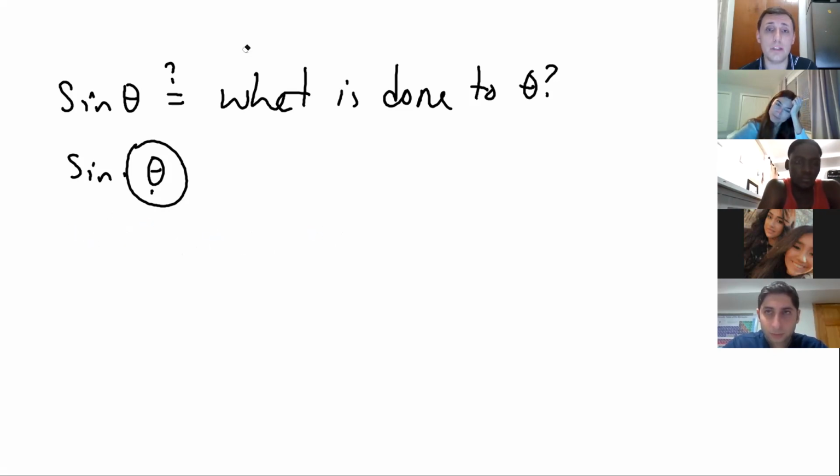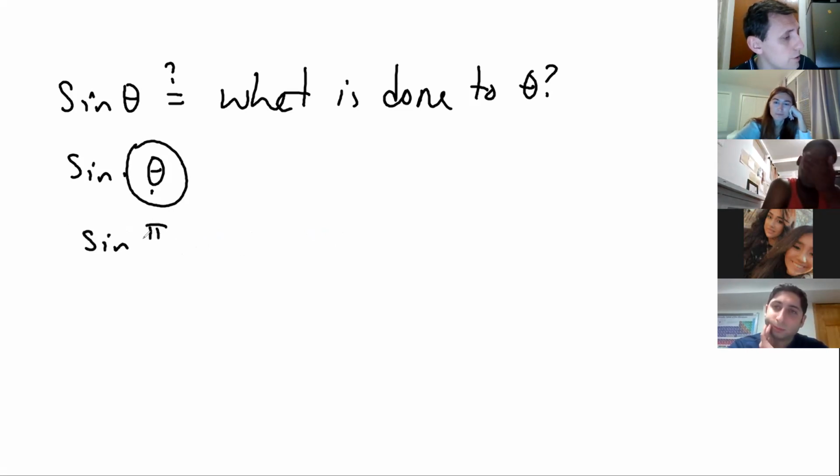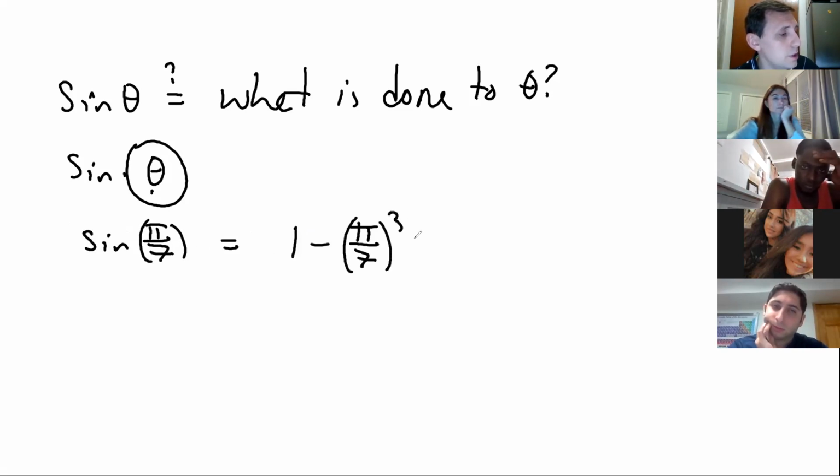And then the question is, can I simulate this digestion by multiplication and addition? So for instance, how is sine of pi over 7 to be calculated? Is it maybe something like 1 minus pi over 7 cubed plus 12 times pi over 7 to the power of 5?